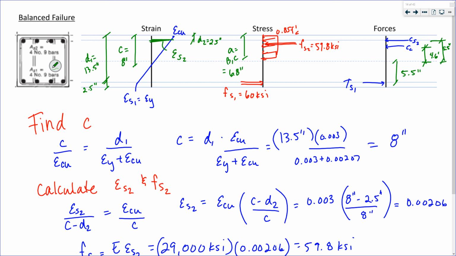In this case, obviously, it wouldn't be 5.5 all the time, but the location of the centroid isn't going to change. What's going to change is the depth of my stress block, and as a result, the location of its centroid.